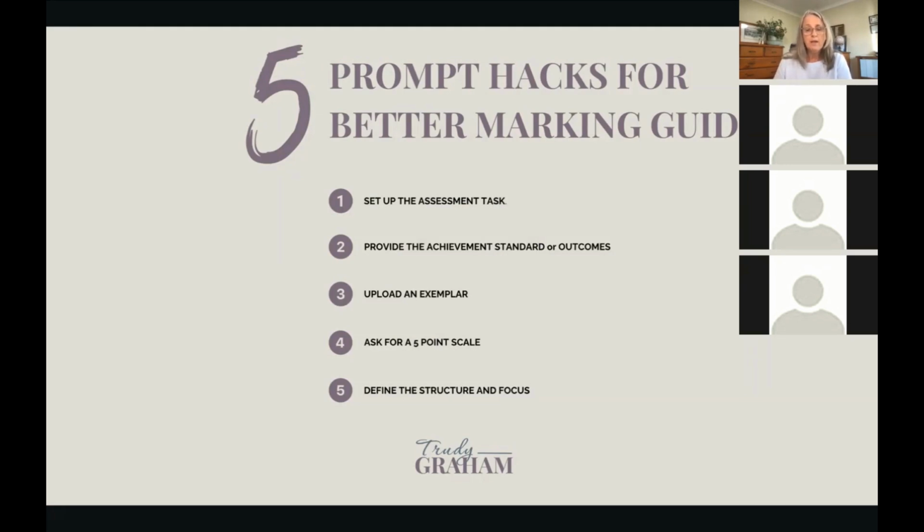Upload an exemplar, a template, a previous marking guide. The standard elaborations from the QCAA website are perfect. And then prompt for a 5-point scale and be definite in terms of the structure and which aspects you want it to build into your marking guide. So grab a screenshot of that if that's helpful for you.